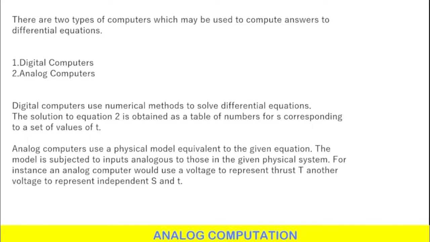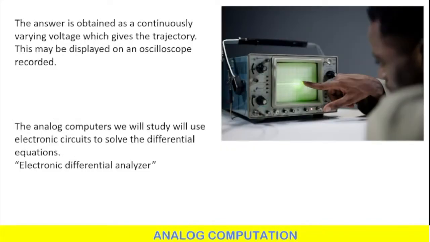For instance, the analog computer can use some voltage, let's say V1, as the thrust T, and for the independent variables distance S and time t, it can use some other voltages, let's say V2 and V3. The answer will be obtained as a continuously varying voltage, and that will give the trajectory.